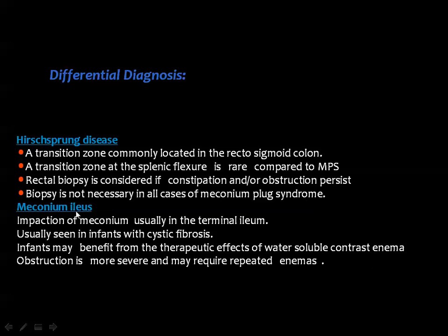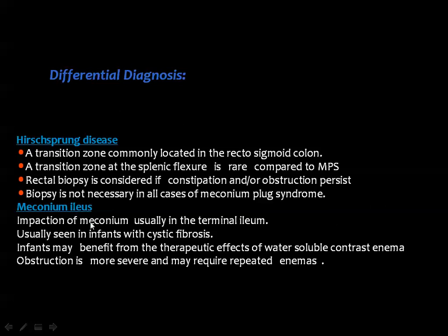Then meconium ileus is quite different from meconium plug syndrome, because meconium ileus is the impaction of meconium in the terminal ileum, and the whole colon is a small, unused colon. But in small left colon syndrome, the meconium is inspissated in the distal part of the descending colon and the sigmoid colon.